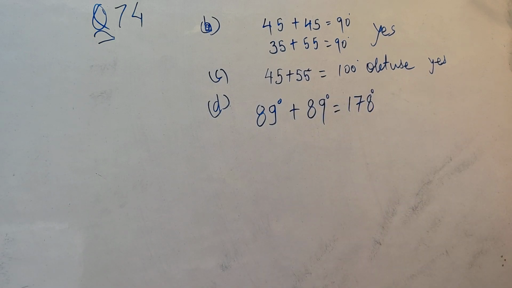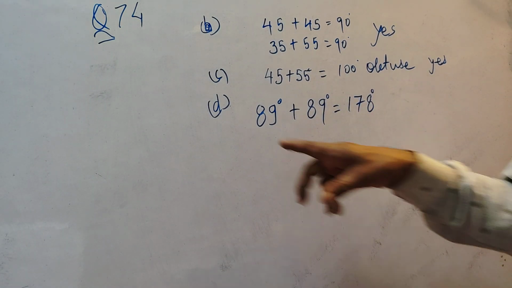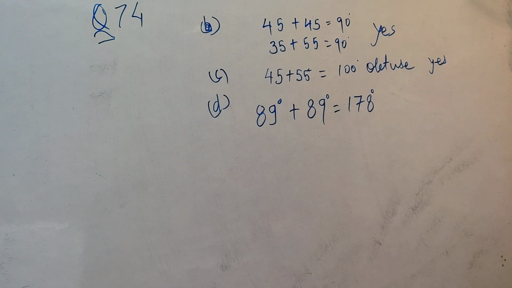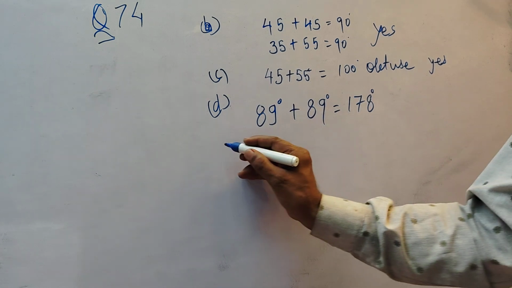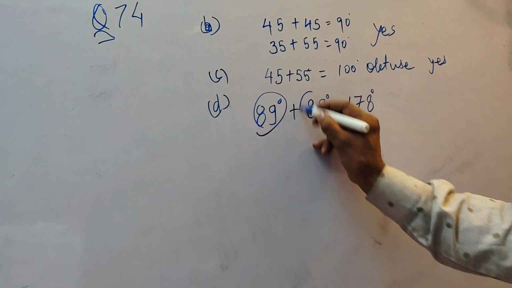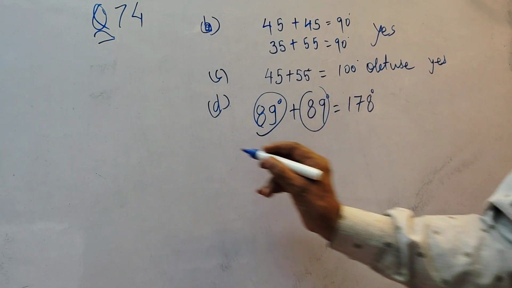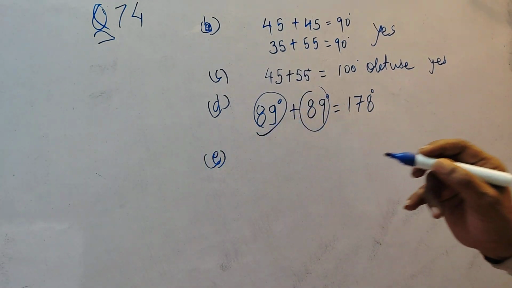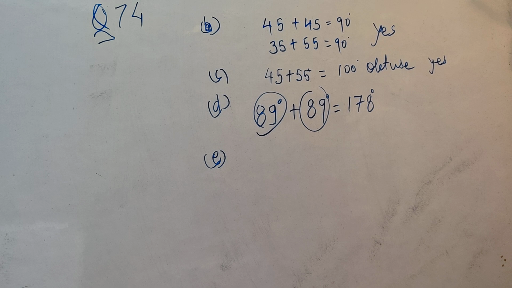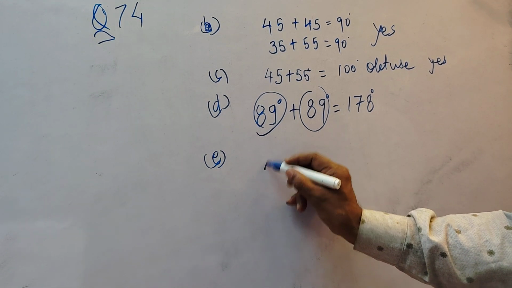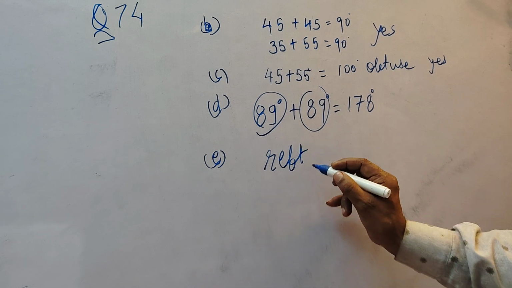A straight angle is 180 degrees, so it is not possible. Next is reflex angle, which is also not possible.